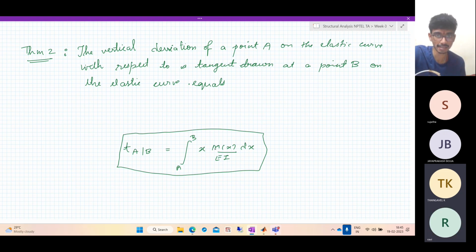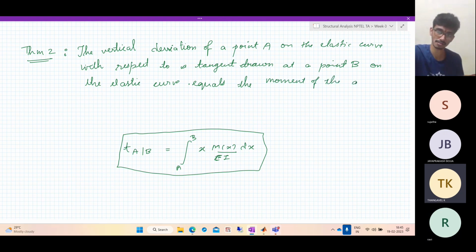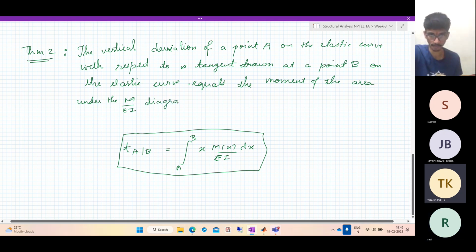And this quantity, as you can see, is the moment. So if you take the moment of the area below the m of x, this is the position and this is the kind of area quantity. So it equals the moment of the area under the m by EI diagram between the two points.